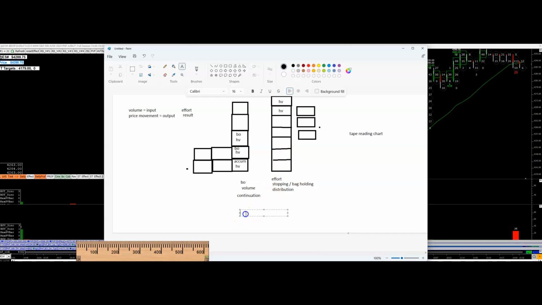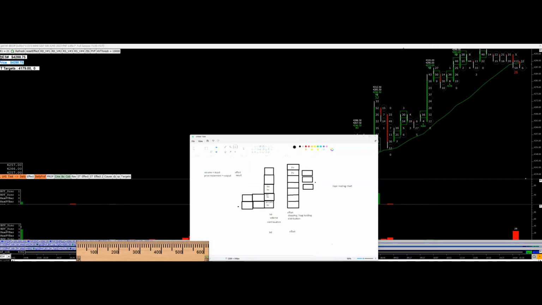You have breakdown, and you have effort. So these are the only two behaviors. If you have this basic understanding, you can start applying it to the tape reading chart, and I'm going to show you how to do that now.